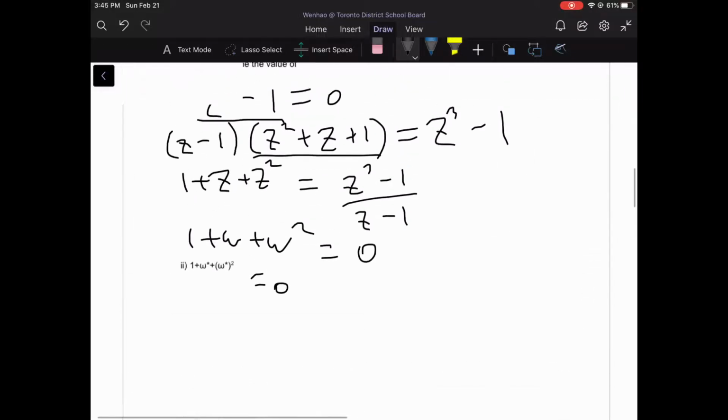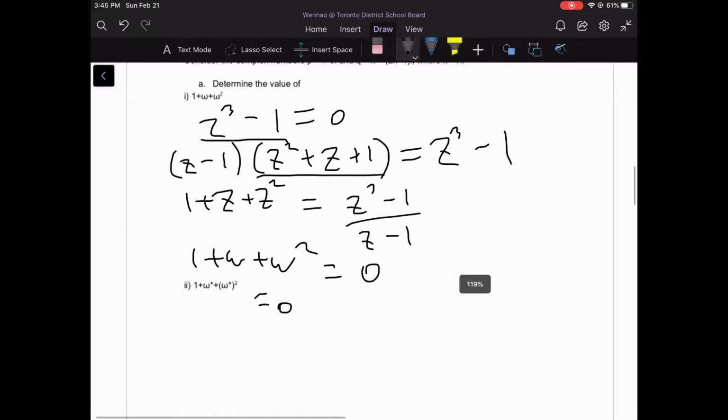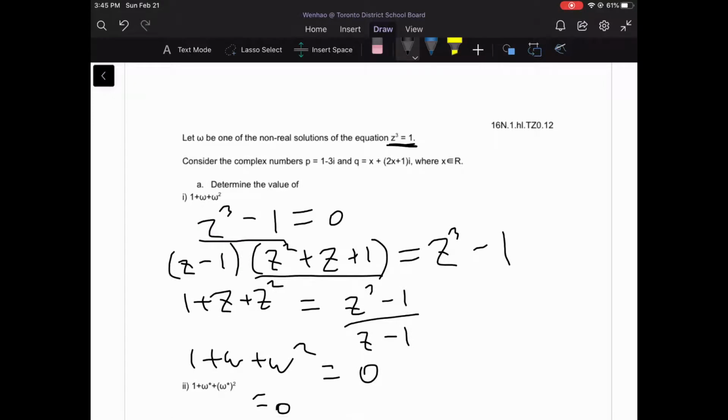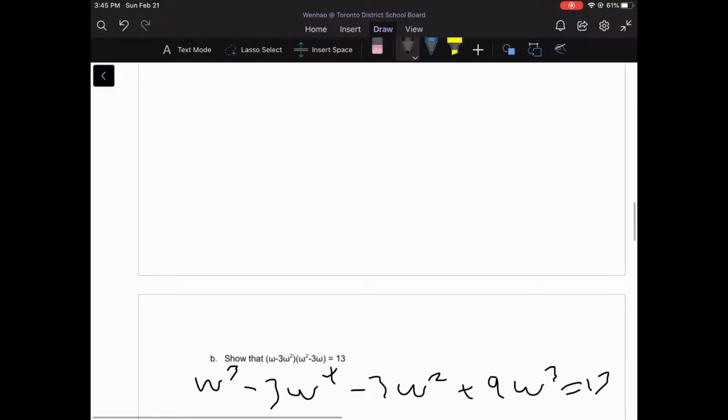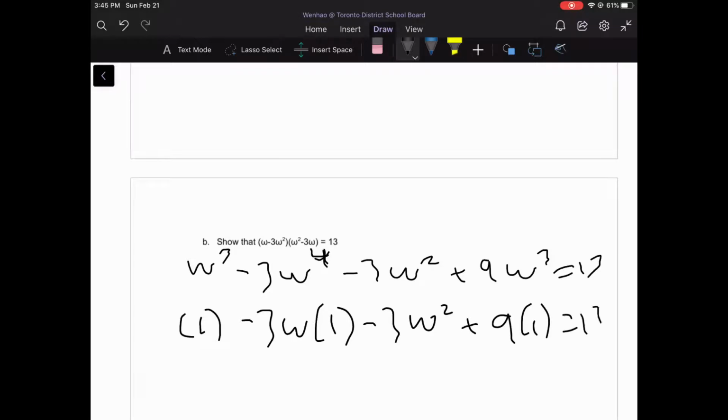Remember that z cubed is equal to 1 and omega is a solution, so we can sub in omega cubed into this equation. So this is 1, omega cubed is equal to 1, and 3 omega to the 4 is equal to 3 omega times 1, and we don't sub in for omega squared, and this is just 9 times 1, and that is equal to 13.